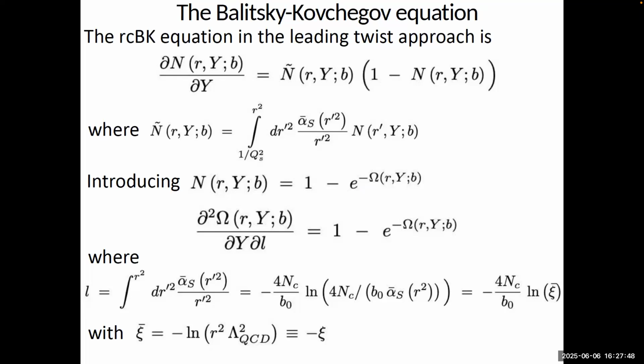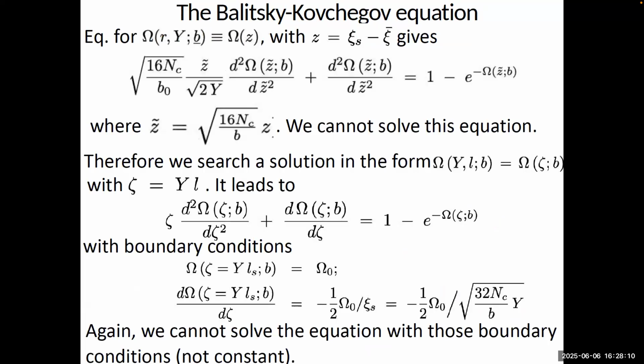It is very similar to the case of the constant coupling, but we have a new variable, this L, which I define as follows. It is related to this psi, but now has this factor that comes from the running coupling prescription.